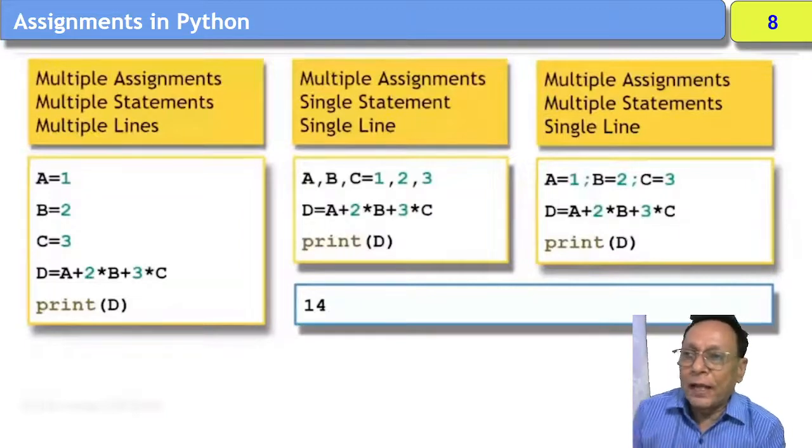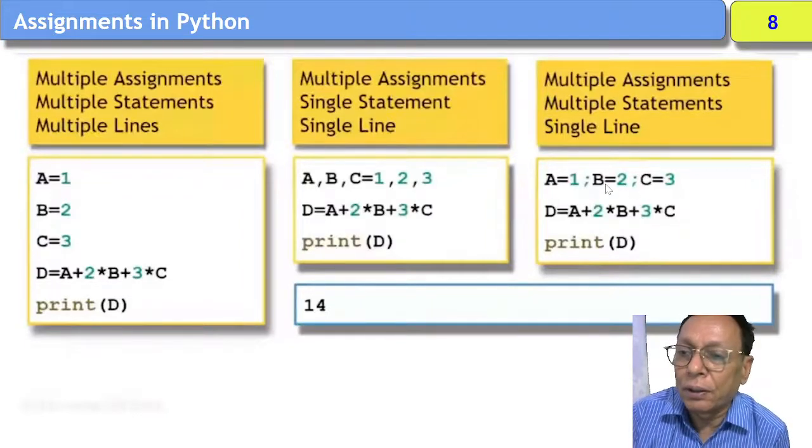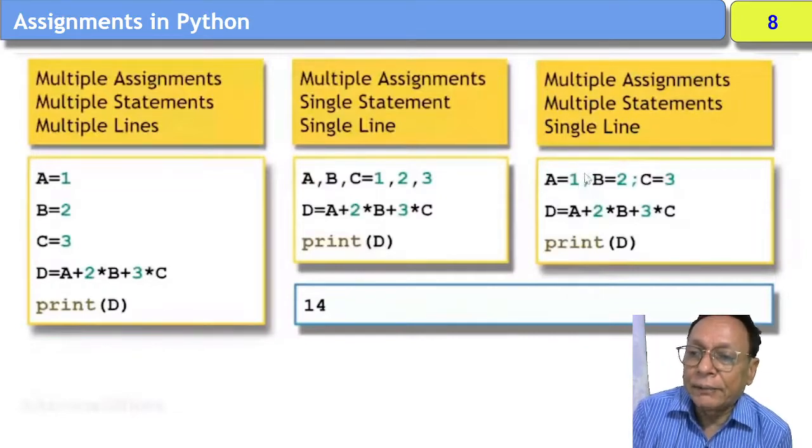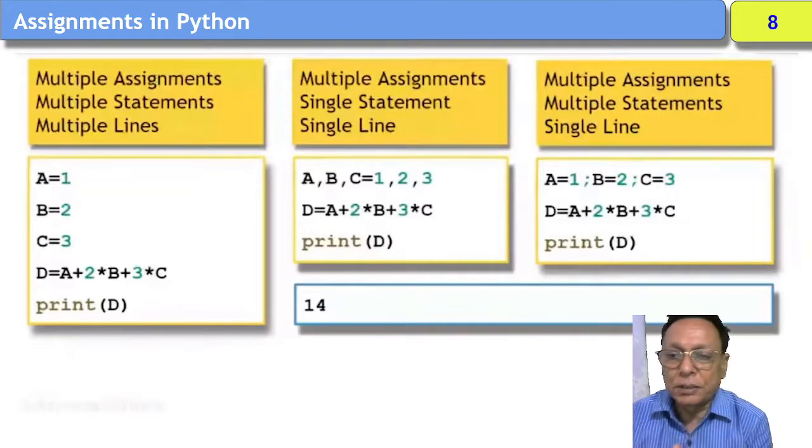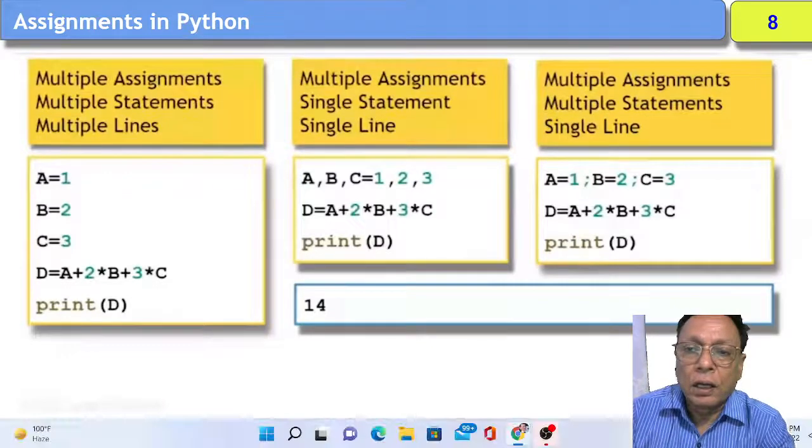Because wherever you use a semicolon, it separates the statement, and that is why it is called multiple assignments, multiple statements 1, 2 and 3, but in a single line. So these three screenshots will help you in deciding the L value and R value and the assignment.